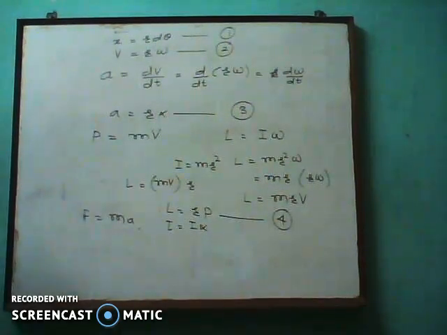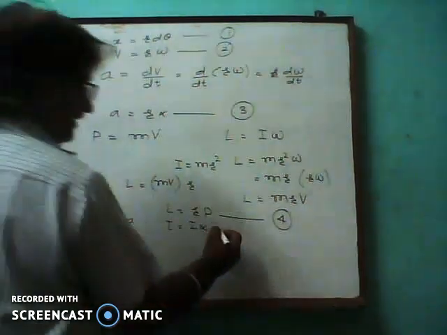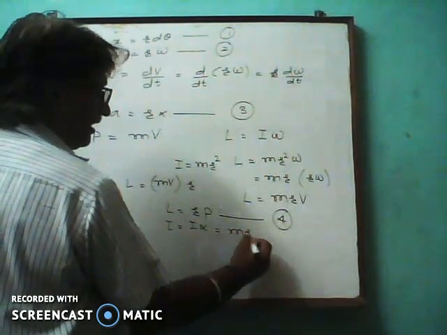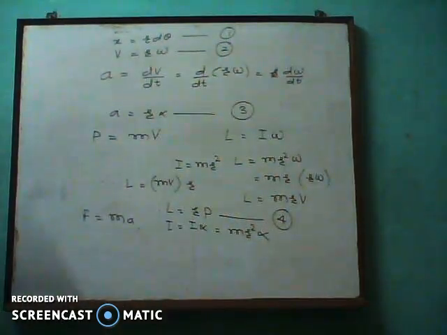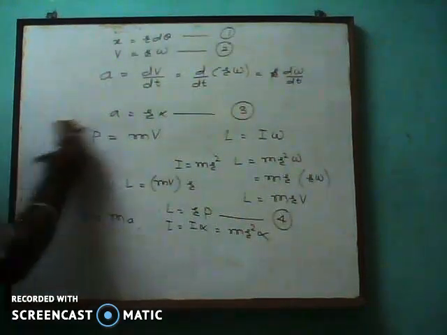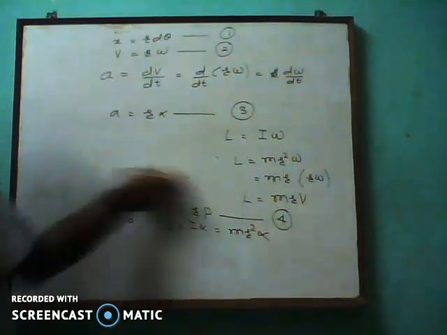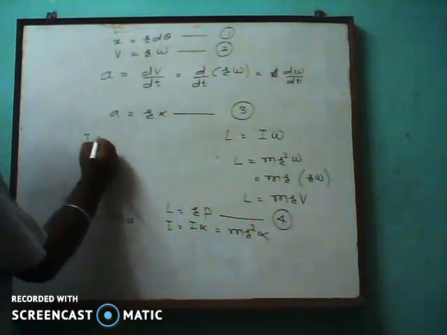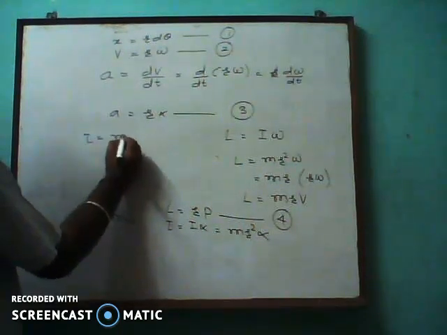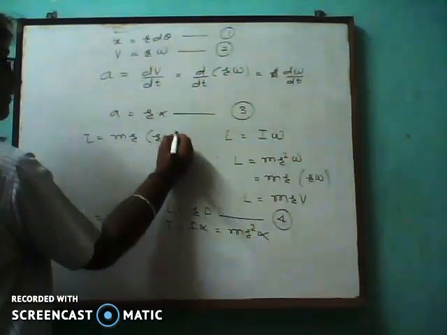If we substitute here the value of I, that is m r square alpha, torque is equal to m r into (r alpha).